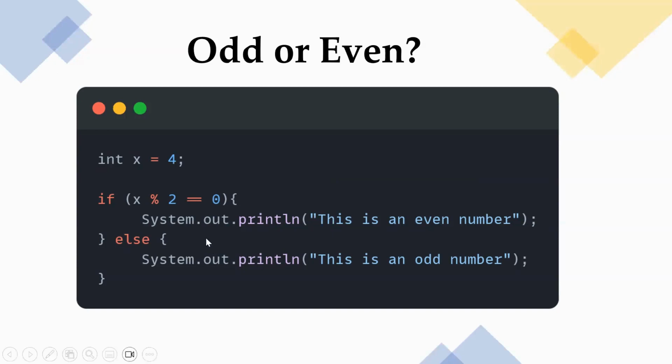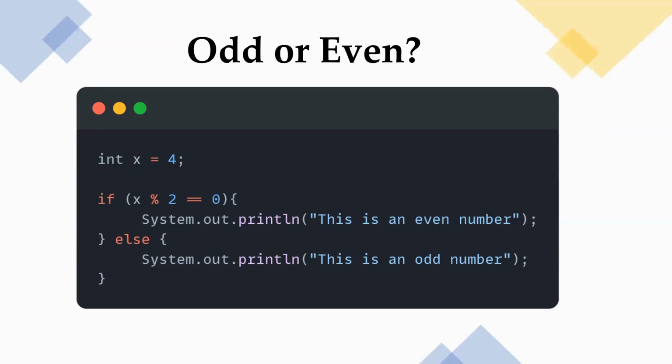For example, we do int x = 4, where we declare a variable x with the data type integer, and we assign a value of 4 to that variable. And then we use a conditional statement, if else, to check for a specific condition, where in this case we say x % 2 == 0.